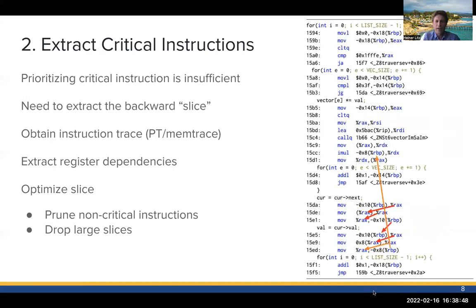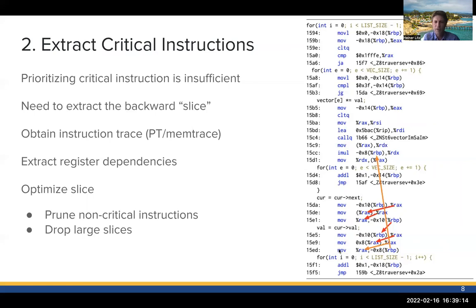So here's some more information about how we extract these slices. On the right, I show a code snippet that represents the same kernel that we've seen before. Via PMU counter, we determine that this source code line induces the memory access that suffers from high LLC cache miss rates.